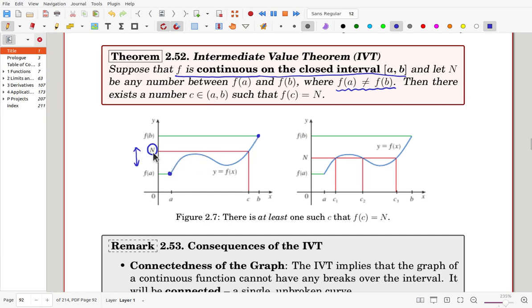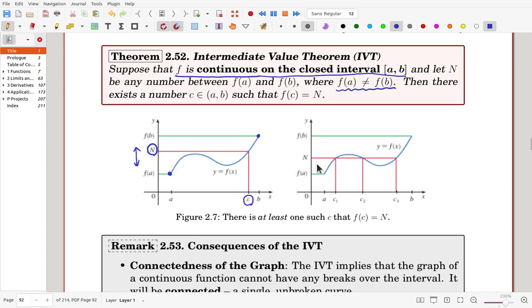So if you make a horizontal line starting from the position n, then the horizontal line should meet the curve. And in this case we meet here. So if you go down vertically, there will be c. So at c the value must be n.